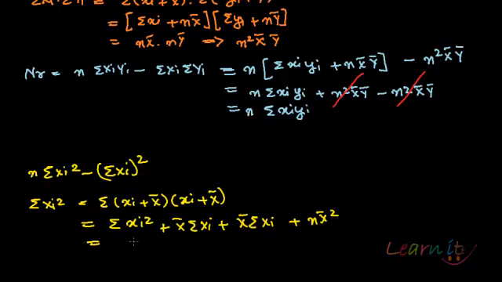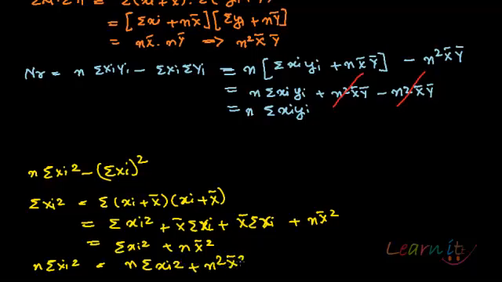Clear? And this is actually not Xi, this is small xi, okay? These are small xi. So it is summation xi square plus 0 because summation of xi is 0, plus 0 because summation of xi is 0, plus nX bar square, okay?